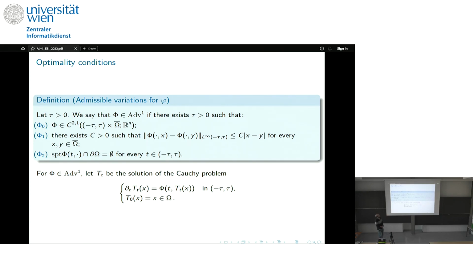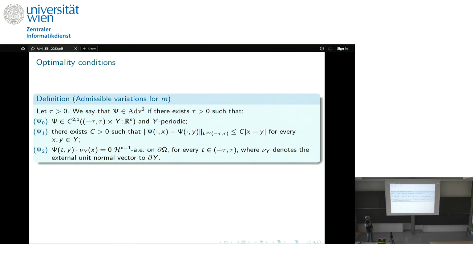The first one is the variation in the variable phi, that was the macroscopic distribution of the material. And okay, here is how you construct it, but simply you take some field phi and you solve this typical flow system. And in this way you define the transformation that will give you the inner variation, or the variation of the perimeter. You do the same at the level of M.